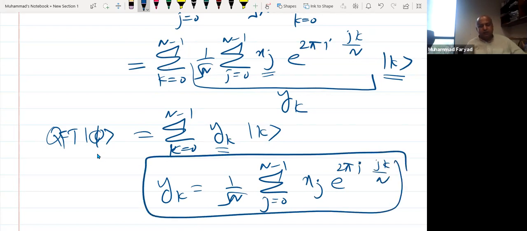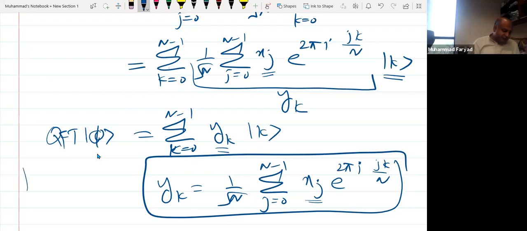And this is nothing but a classical Fourier transform. More precisely, it's a discrete Fourier transform, because these xj are discrete coefficients. So this particular definition that we have chosen essentially relates the coefficients of any quantum state. When we apply the quantum Fourier transform to the superposition state, its coefficients are essentially transformed according to the classical discrete Fourier transform.